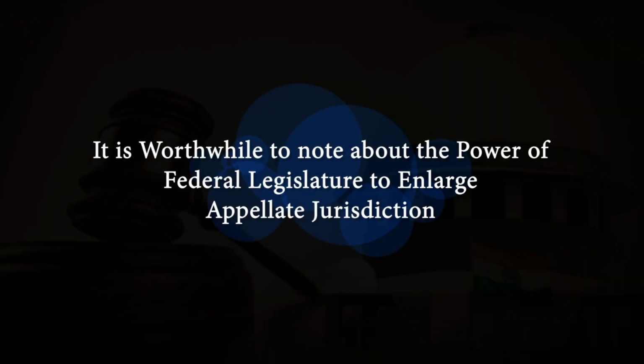It is worthwhile to note the power of the federal legislature to enlarge appellate jurisdiction. Under Section 205 of the Federal Court Act 1947, the Federal Court was empowered to consider appeals which were competent without any such certificate from the High Court.